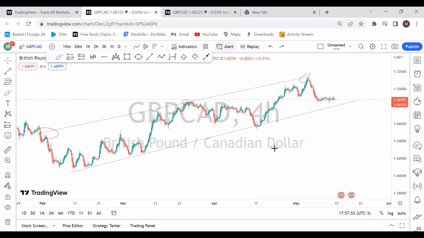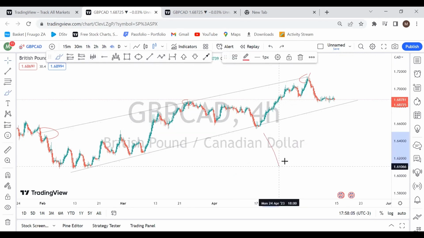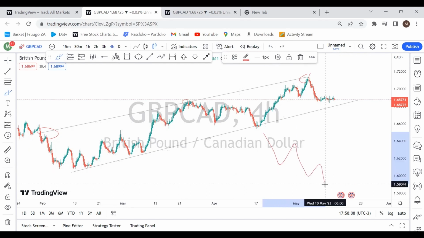And the opposite goes for a descending structure. In a descending structure, let me just illustrate it, let me just show it. So you would have a descending structure like that. This is your support, your resistance of the structure. So usually we'll be eyeing the third touch, which has the highest probability, as many of you guys know.